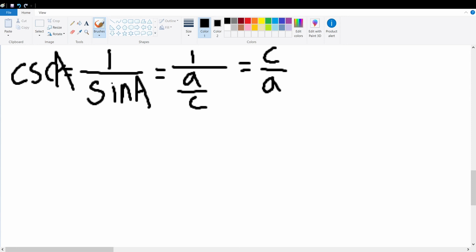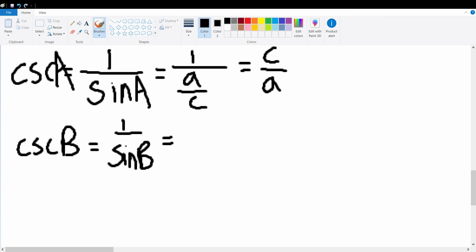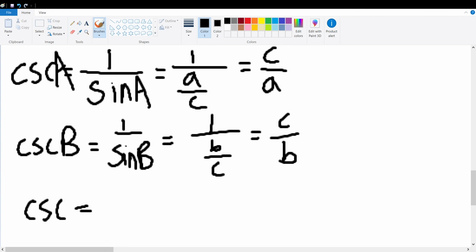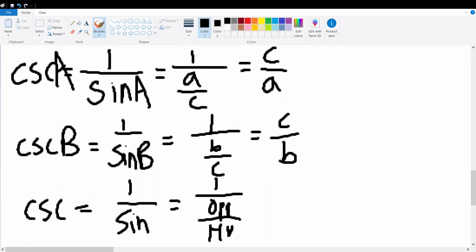And likewise, for cosecant of B, we know that cosecant of B is 1 over sine B, which is equal to 1 over B over C, which is equal to C over B, which we can generalize as cosecant is equal to 1 over sine, which is equal to 1 over opposite over hypotenuse, which is equal to hypotenuse side over opposite side relative to the given angle, of course.